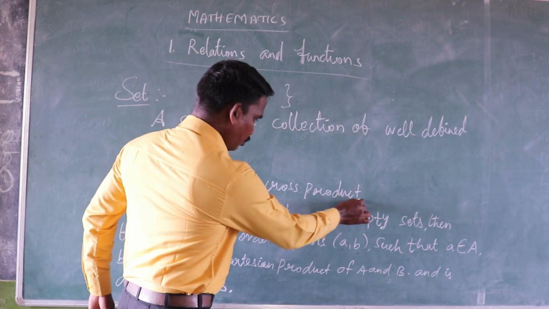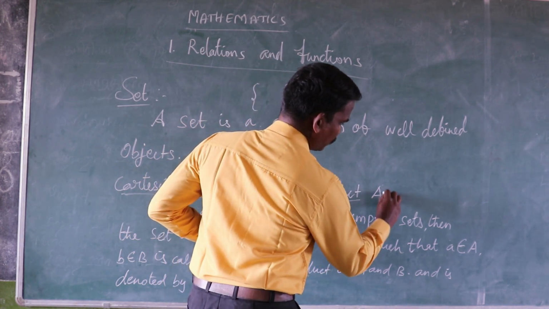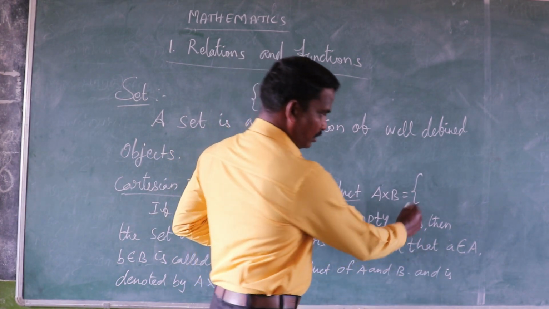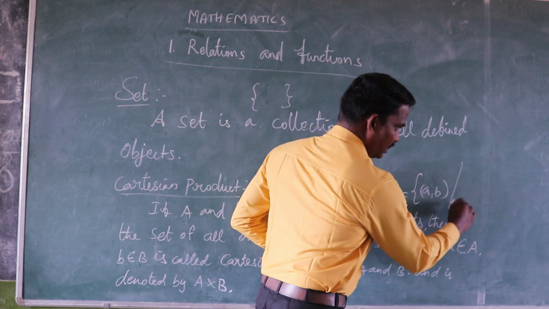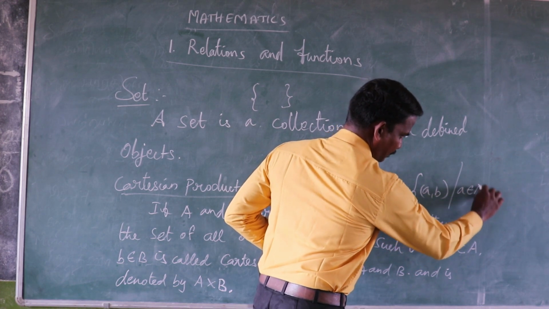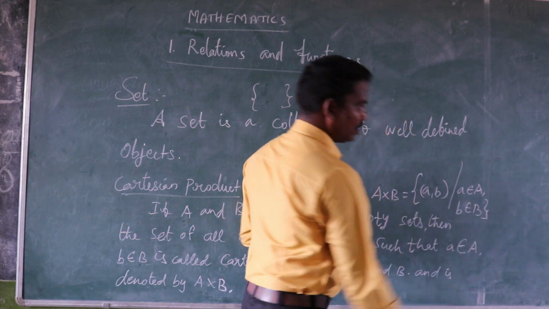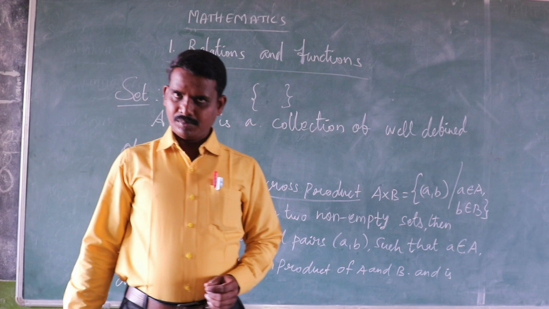So we can write the Cartesian product A cross B is equal to, in set brackets, the ordered pairs (a, b) such that a belongs to capital A and b belongs to capital B. This is called the Cartesian product of two non-empty sets.